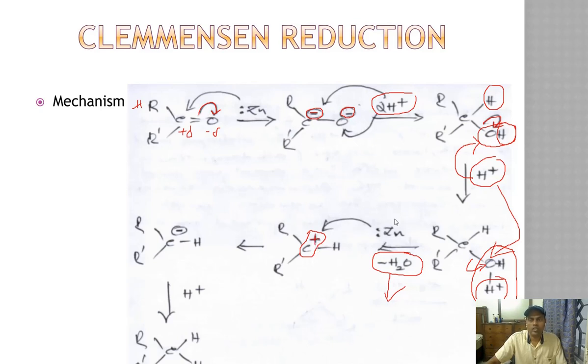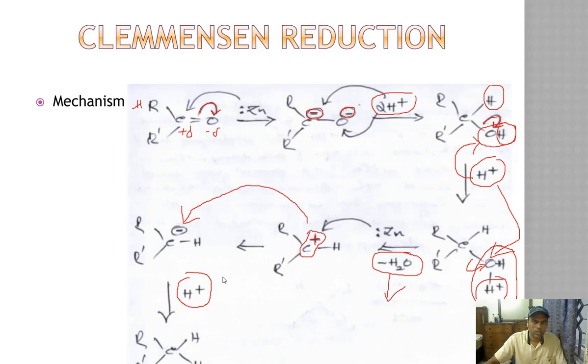Now you know the zinc has got electrons, it can give those electrons, right? It is an electron donor, so it is going to give those electrons to this carbon, and this carbon is going to get negatively charged now. And because this is negatively charged, there are protons in the reaction medium, right?